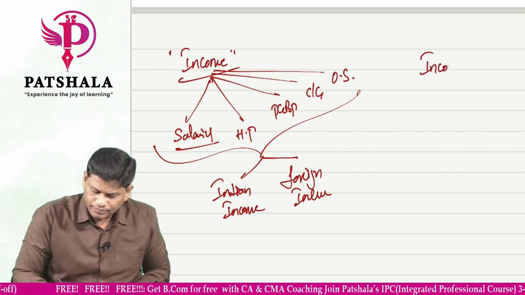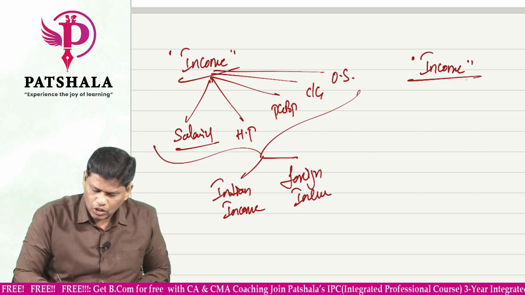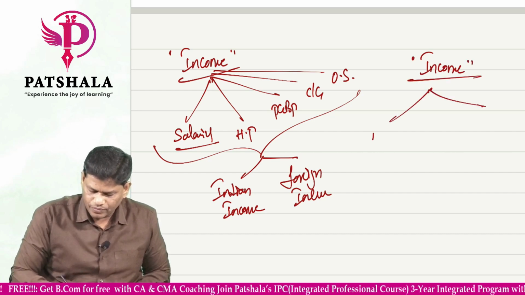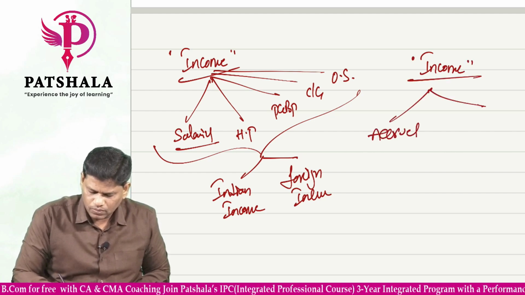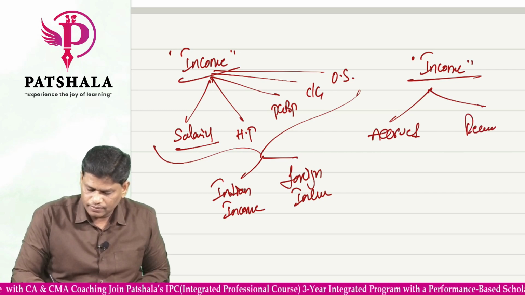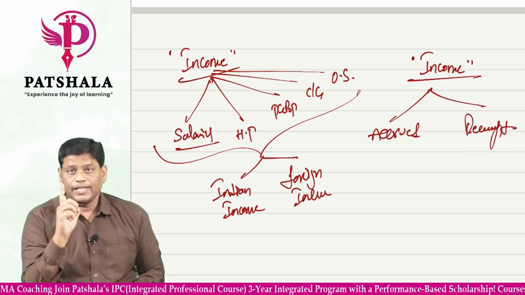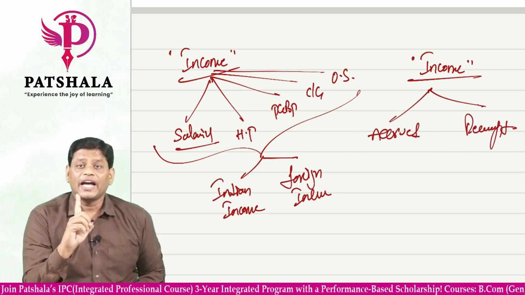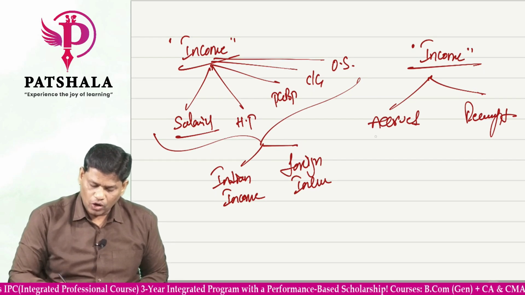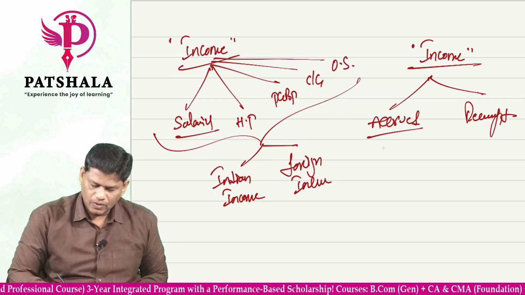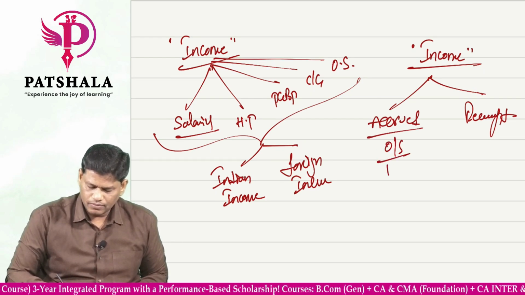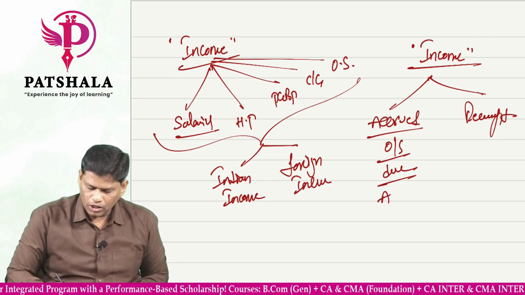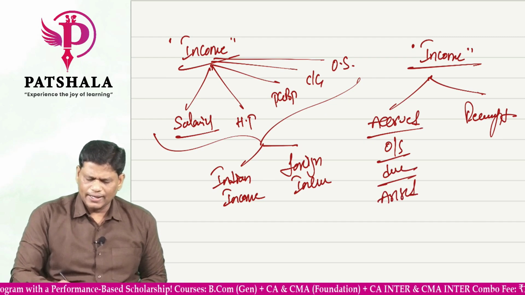What is that technicality? An income will have 2 stages: accrual and receipt. First, an income will be accrued. Accrued can also be said as outstanding, due or arisen. All are synonymous words.